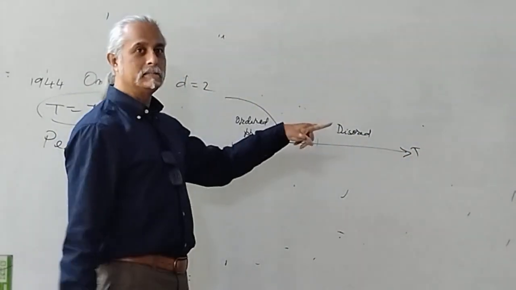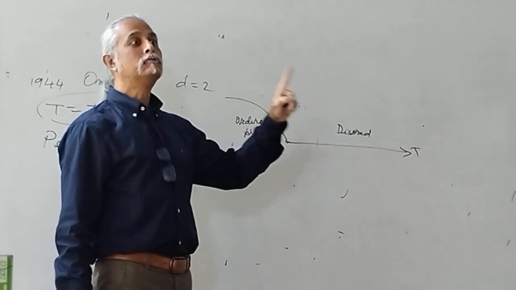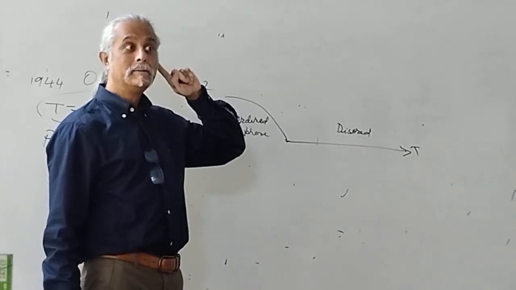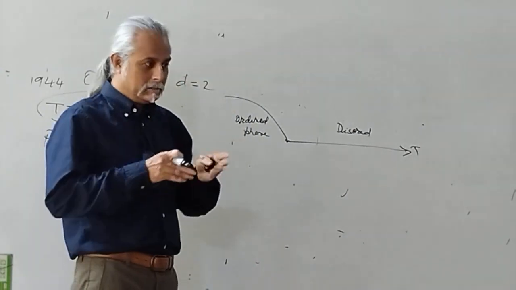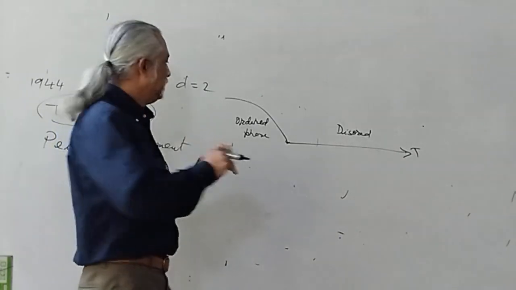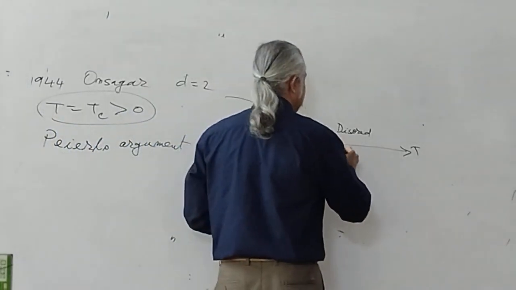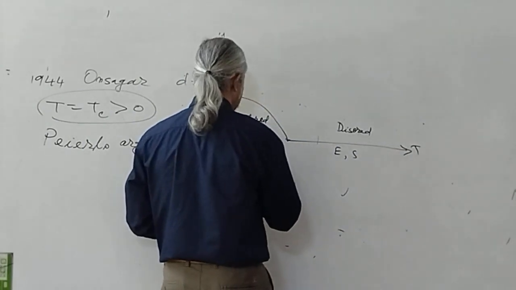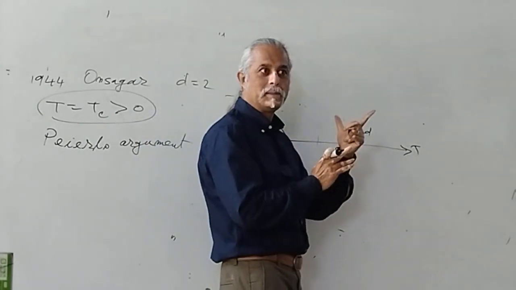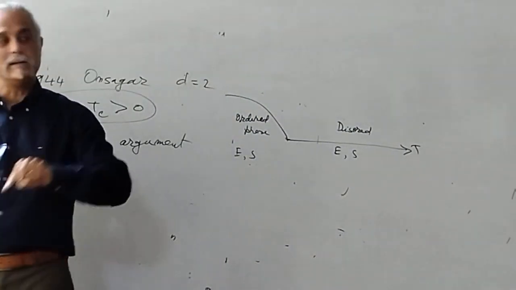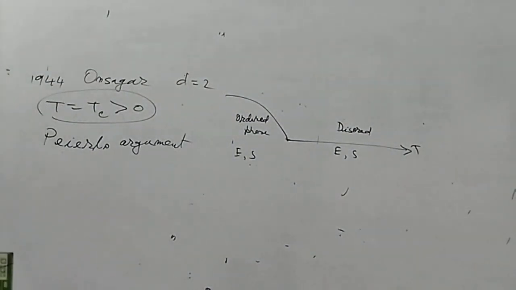At all temperature, the equilibrium state is the one. তুমি যে টেম্পারেচার চেঞ্জ করতেছো করলে কি হয়? E এবং S মিলে এমন একটা ব্যবস্থা করবে for that temperature that is the lowest free energy.